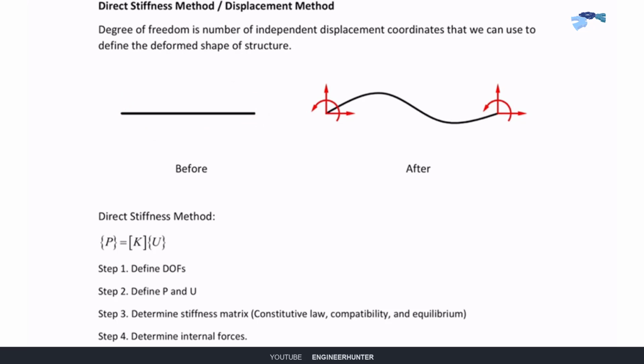If this beam deforms to this one, you will need the information from 6 degrees of freedom: the displacement and rotation at this end, and also at the end node of the beam here. So the total number of degrees of freedom is equal to 6.